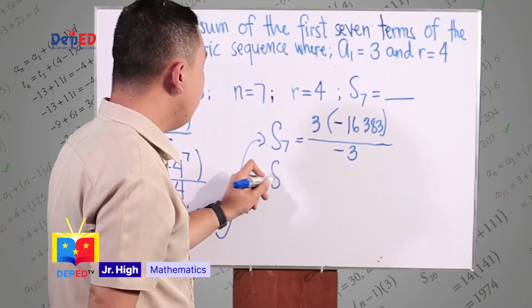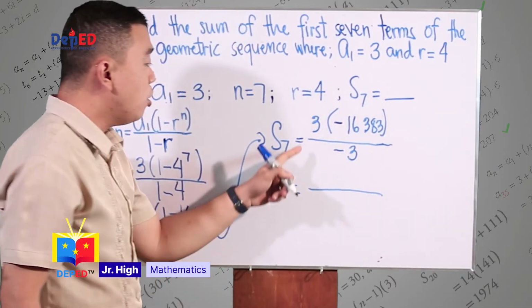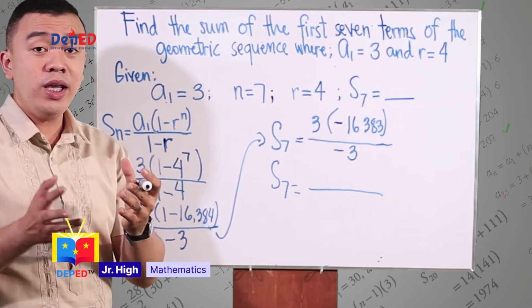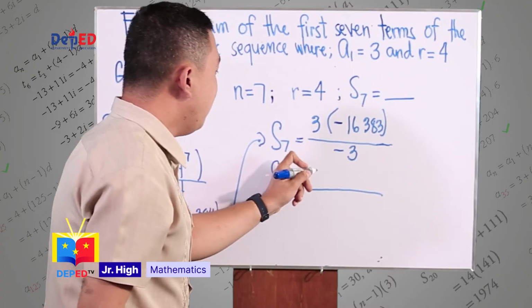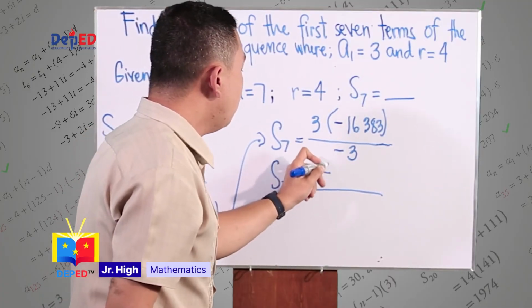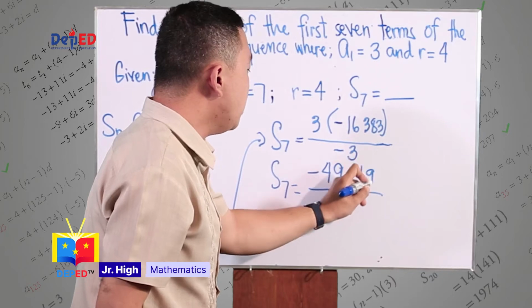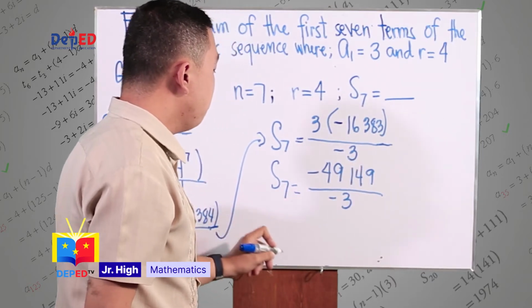Then we have s sub 7 is equal to the product of 3 and negative 16,383, which will give us negative 49,149 divided by negative 3.